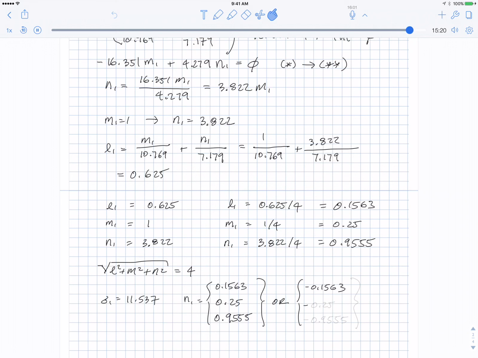Because when you square, negatives and positives don't matter. So either of these answers would be fine. And if you're using a computer program, when it comes to the eigenvectors, you might get either of these come out, or you might even get one with, like, M1 is 1 or something like that. It just varies from software to software, as there's no real answer for the direction. But traditionally, and in this class, we'll make it a unit vector. So the magnitude squared has to add up to 1.